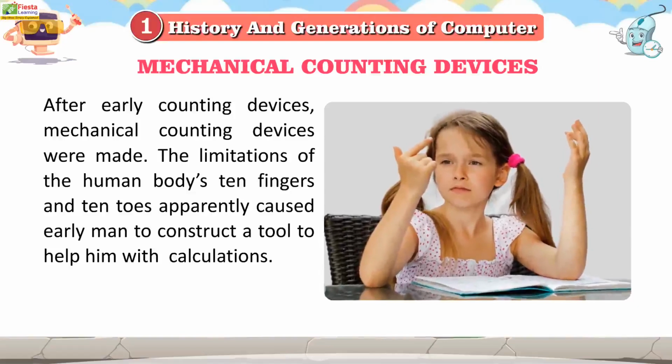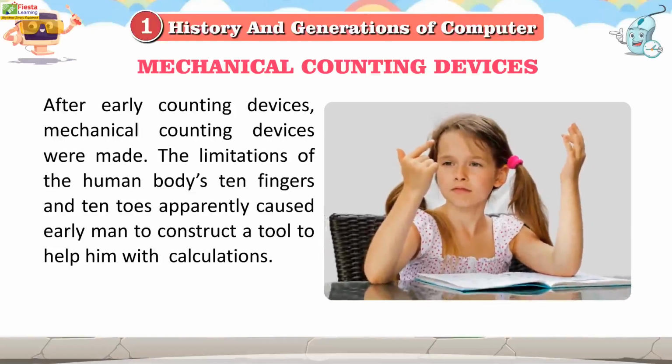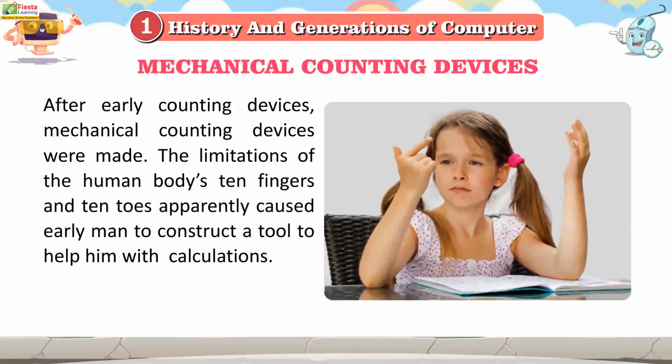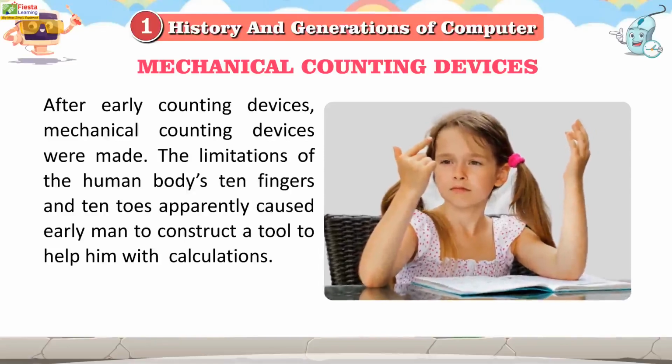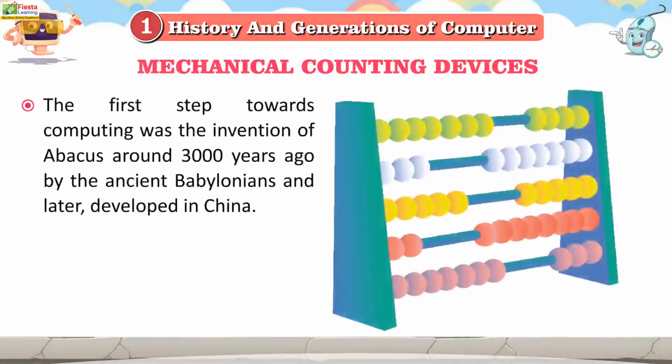The limitations of the human body's 10 fingers and 10 toes apparently caused early man to construct a tool to help him with calculations. The first step towards computing was the invention of abacus around 3000 years ago by the ancient Babylonians and later developed in China.